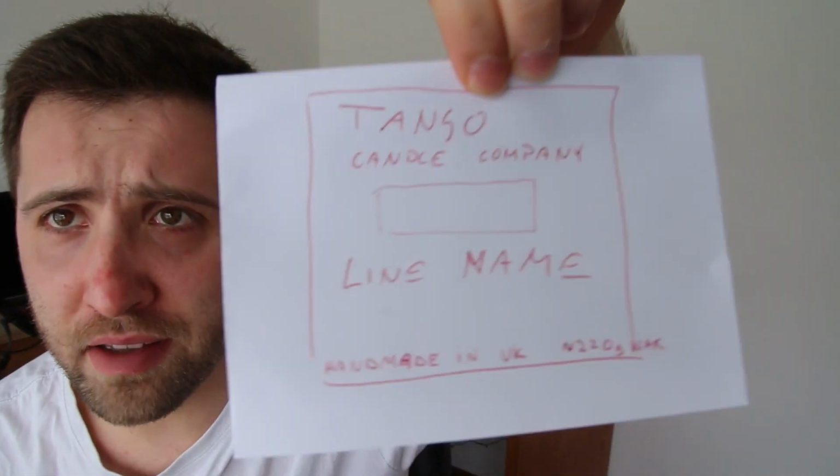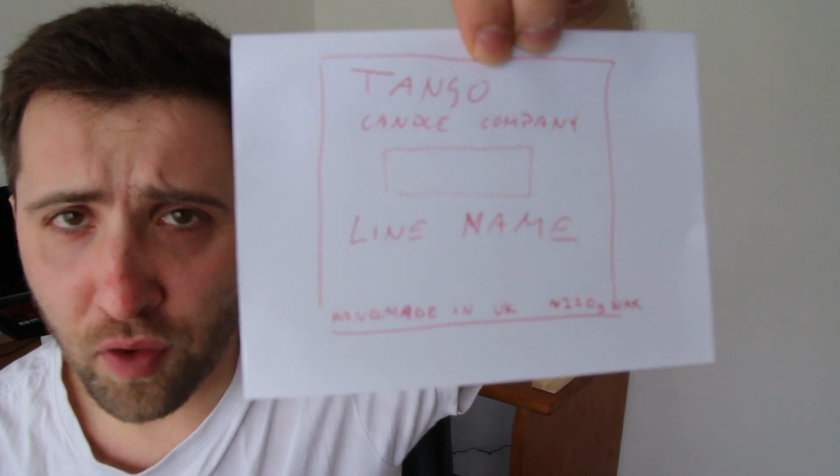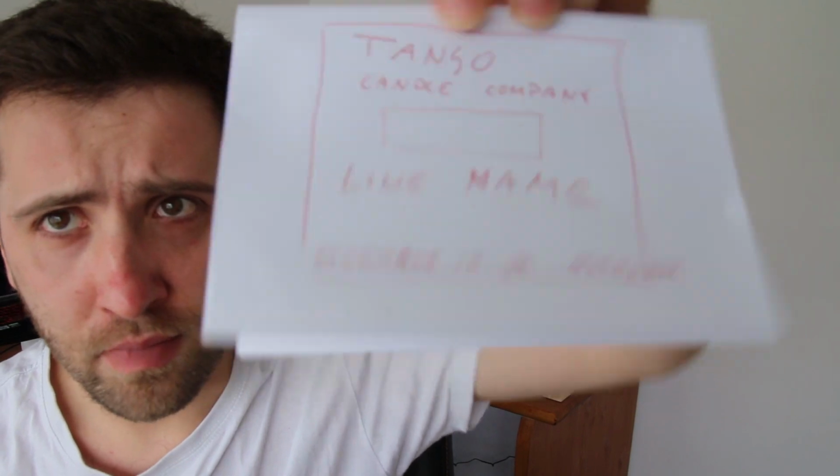First I thought about what I want on the label: obviously my company name, the weight of the candle, a line name, and some eye-catching picture or pictogram. I came up with a first very simple idea for the label. This is what I'm going to do in Photoshop, and then I'm going to give it final tweaks to look amazing.